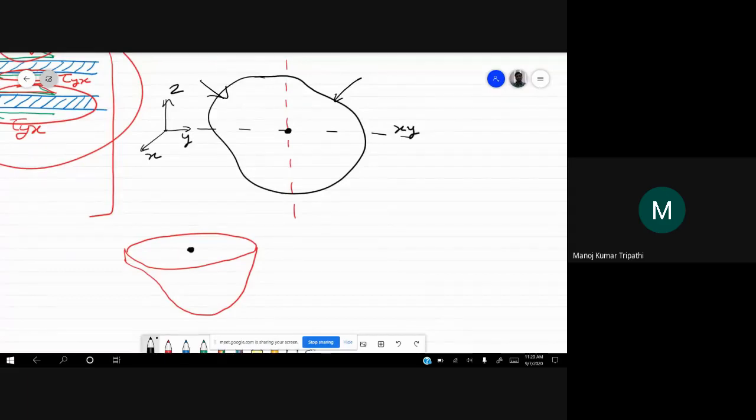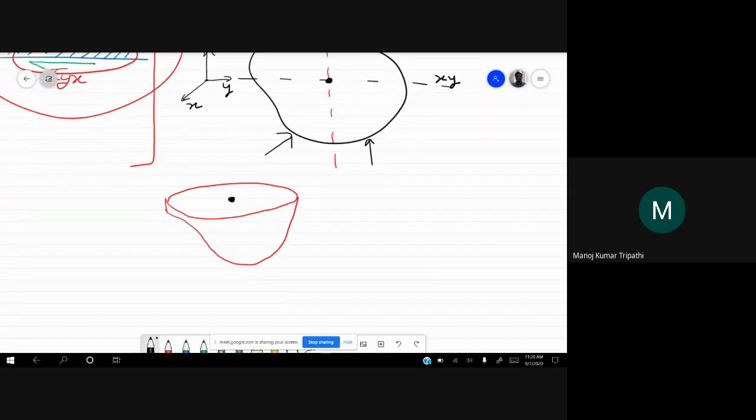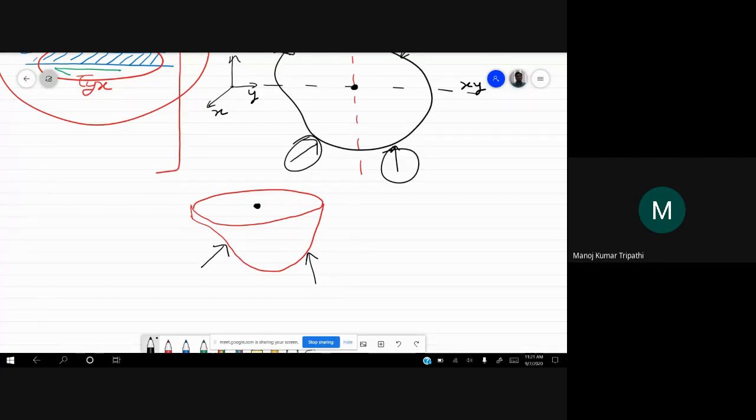Let's say all of these forces acting on this body are F1, F2, F3, and so on. So if I draw this free body diagram here, these are the forces. To balance these forces on this free body, on this surface, there have to be some forces acting on that surface to balance these other forces.